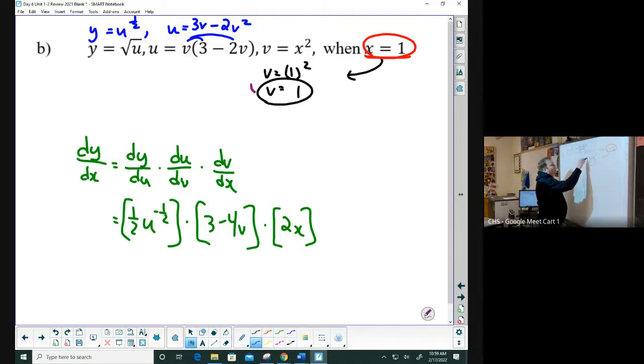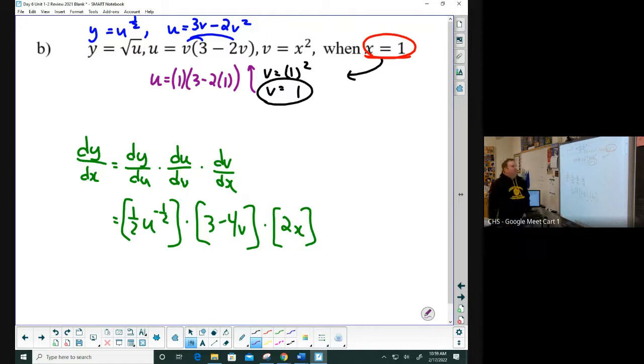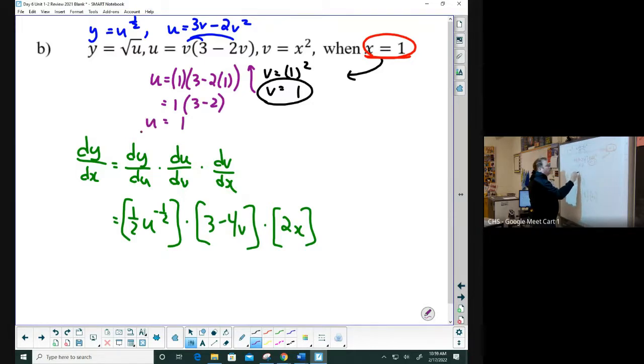So if v equals 1, then u is equal to 1 times 3 minus 2 times 1. So I'm plugging in v equals 1. 1 times 3 minus 2, which is 1, so u is 1.